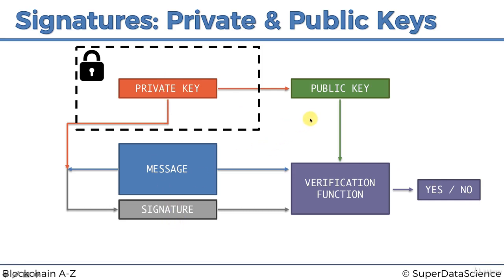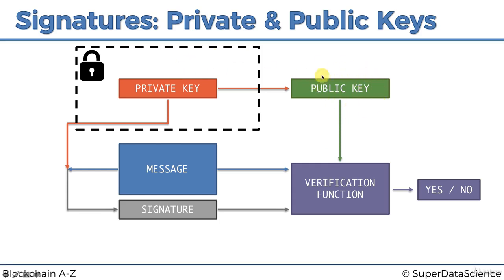Even though from the public key you cannot reverse engineer the private key, like with everything we're doing here, it uses the SHA-256, no, it doesn't use the SHA-256 function. It uses an elliptic function. It's a different function, but just like with the SHA-256, from the private key you can always deterministically generate the public key, but you cannot reverse engineer the private key. So that's why you are free to share it.